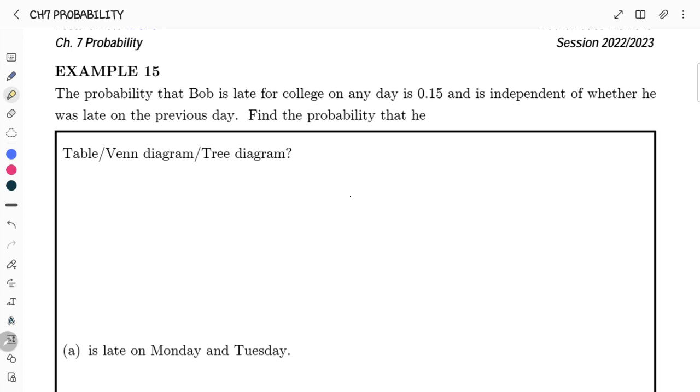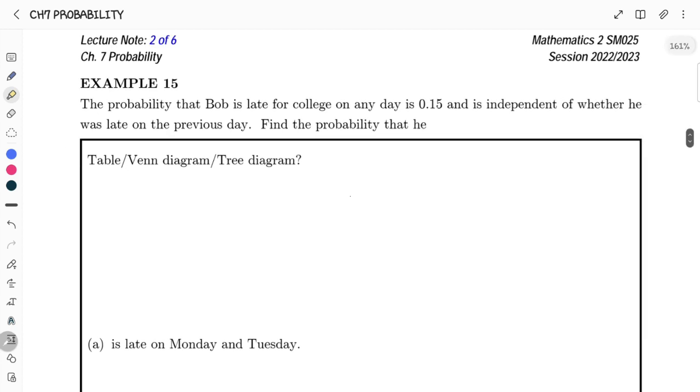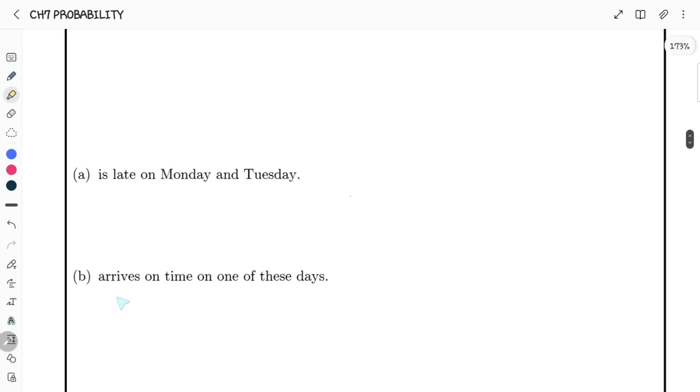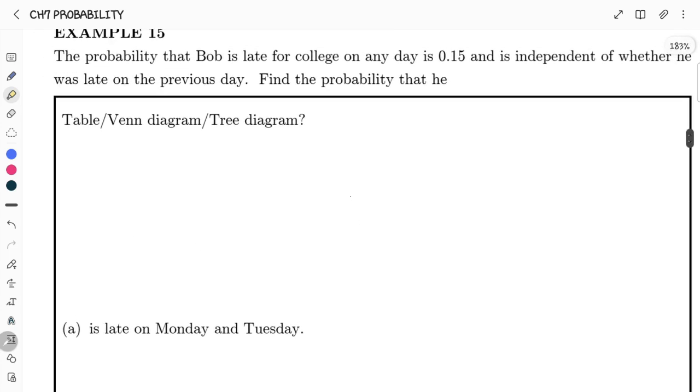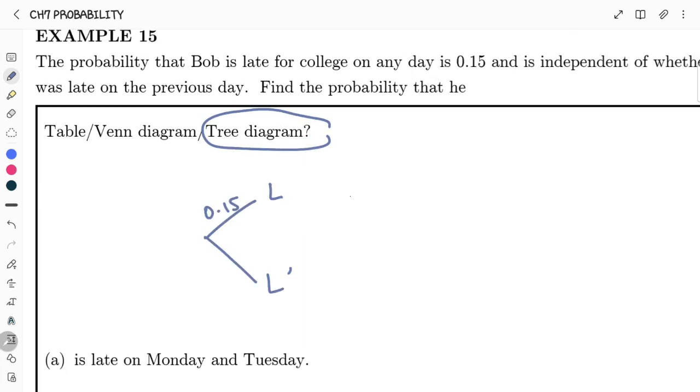Example 15, the probability that Bob is late for college on any day is 0.15 and is independent of whether he was late on the previous day. Find the probability that he is late on Monday and Tuesday, and that he arrives on time on one of these days. So let's draw a tree diagram first. This one right here is for Monday.